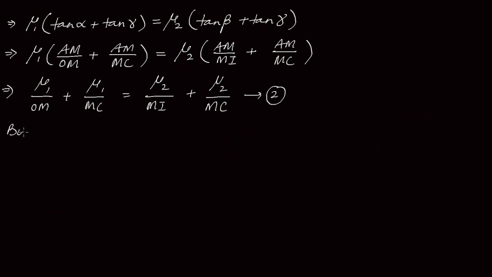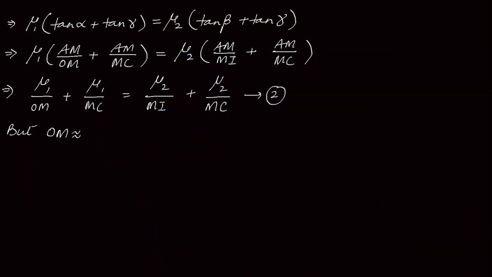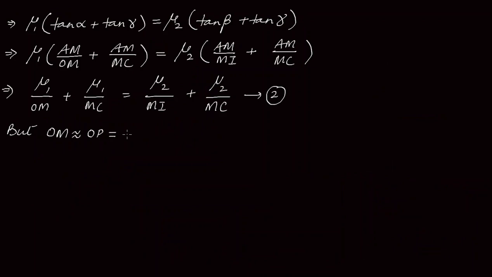But what is OM? OM is nearly equal to OP. But what is the value of OP? OP is u, plus or minus u. It is on the left side, so that will be minus u. What is MC?